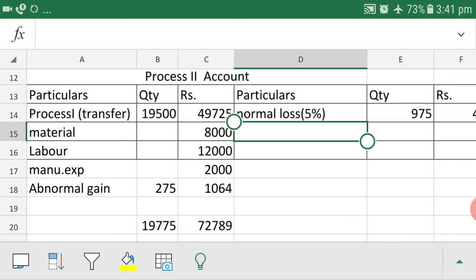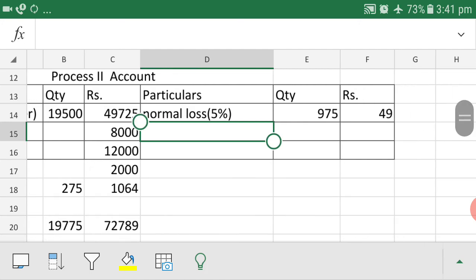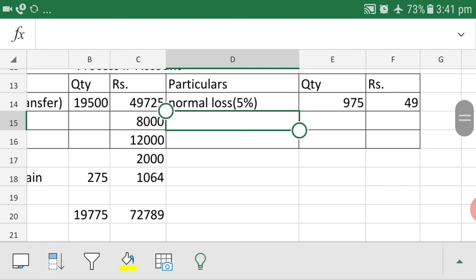Now let's find out the balance figure. The debit side total amount is 72,789, the credit side total amount is 49. So the debit side total is greater than the credit side total, and the balance figure will be on the credit side.